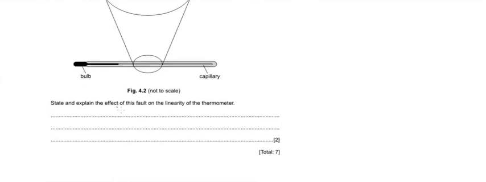So state and explain the effect of this fault on the linearity of the thermometer. So we had learned the linearity. What is the linearity? That means if there is a thermometer whose capillary is having a constant diameter, it should be a fixed hole, or a hole of constant diameter, so that we will get the property of linearity.